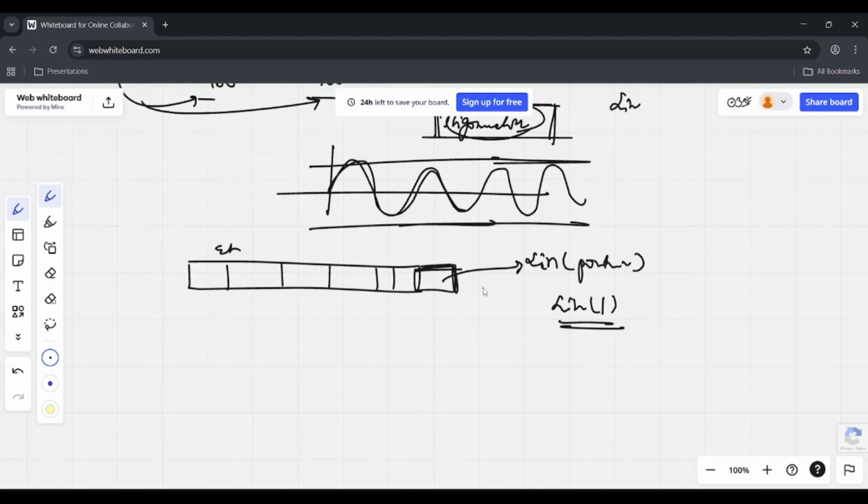Now there is a problem here, and that problem is that this graph is periodic. The values repeat themselves after a particular interval. For example, you see that the graph up till here is being repeated again, right?